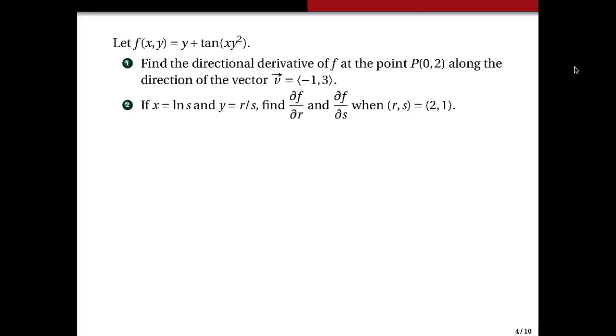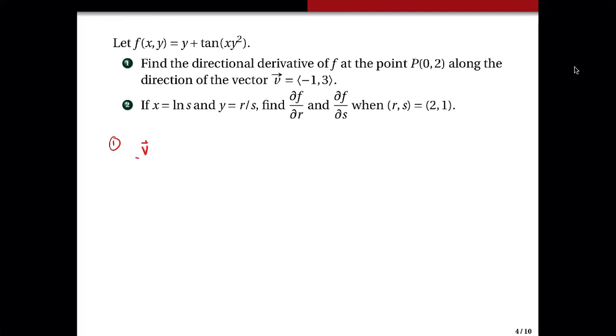So first, for the directional derivative, we will need the gradient of f. We evaluate the gradient at the point (0, 2). And then we have the direction vector here. It's not a unit vector, so we need the unit vector. So for number one, let's normalize.